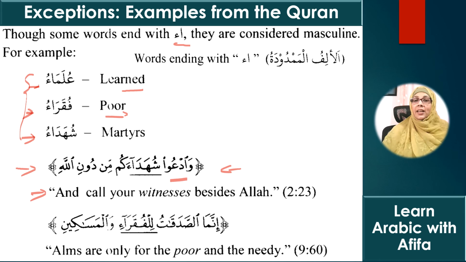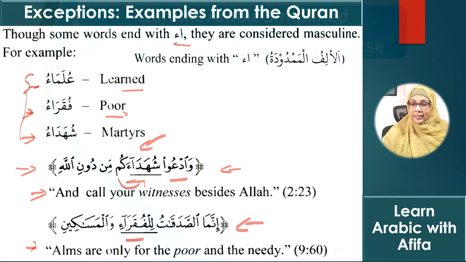This is shuhada'akum, your witnesses, and this right here is the masculine noun. And here, إِنَّمَا الصَّدَقَاتُ لِلْفُقَرَاءِ وَالْمَسَاكِينِ. The charity, the alms, are only for the poor and the needy. So here we observe that fuqara'i is masculine.